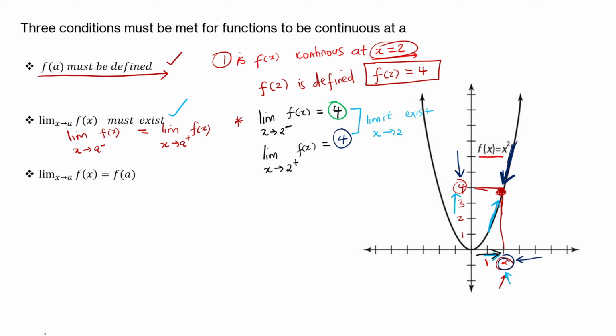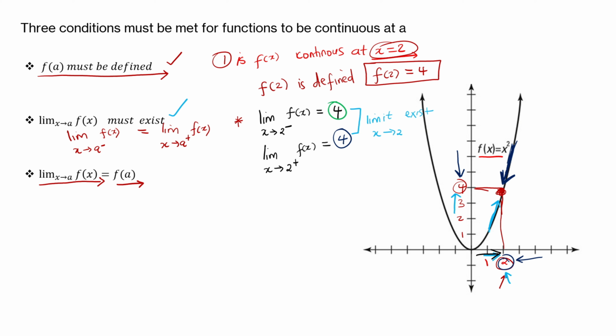So now the third condition says, if the limit exists and the function is defined, that is, the first two conditions are met, the limit as x approaches a of f of x must be equal to f of a. This just means that since we are evaluating continuity at x equal to 2, as you approach 2 from the right and the left, you found out that you get 4.